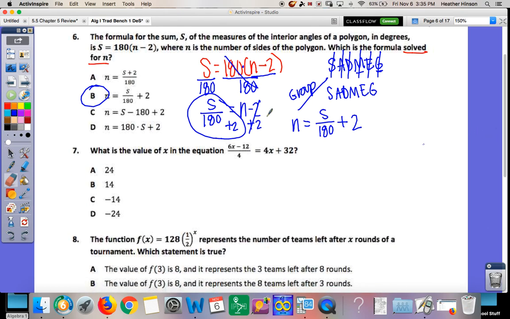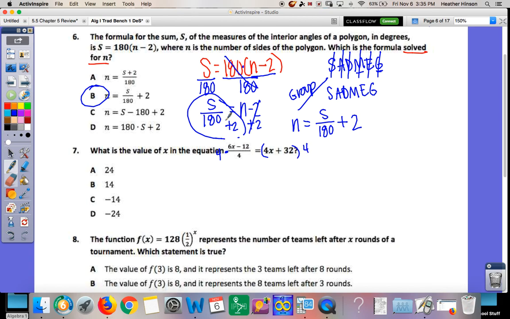Okay, 7. What's the value of x? So this one is very similar to number 2. You could put this over 1 and you could cross multiply. Or you could just multiply out that 4 and multiply it to the other side.